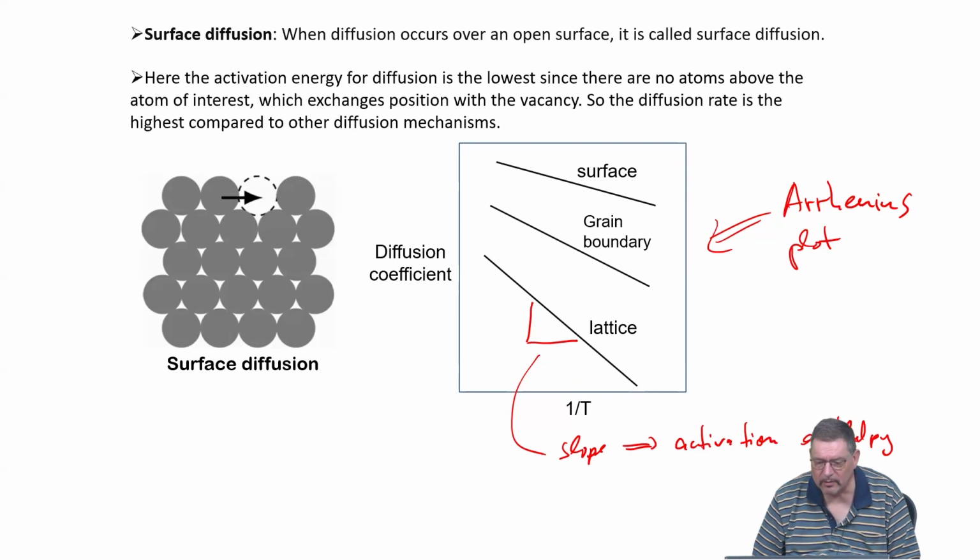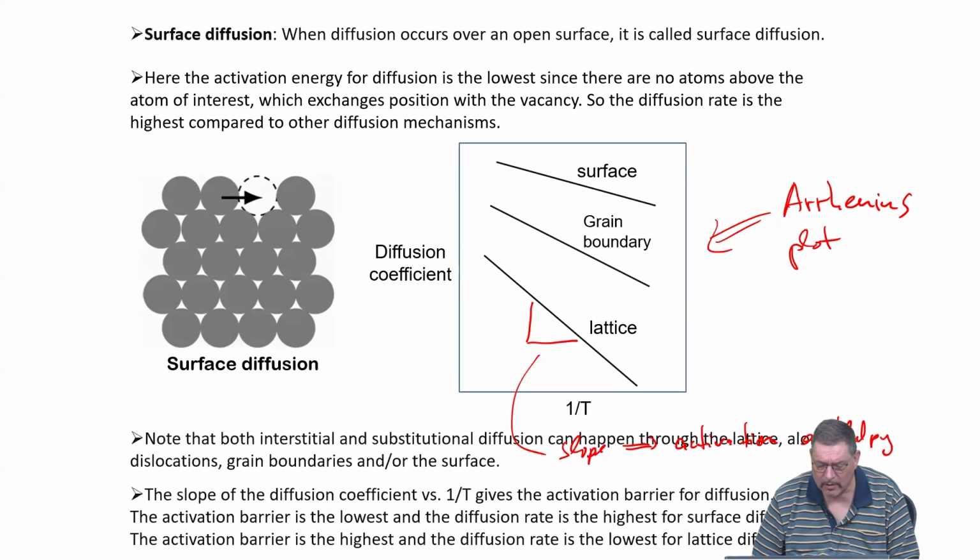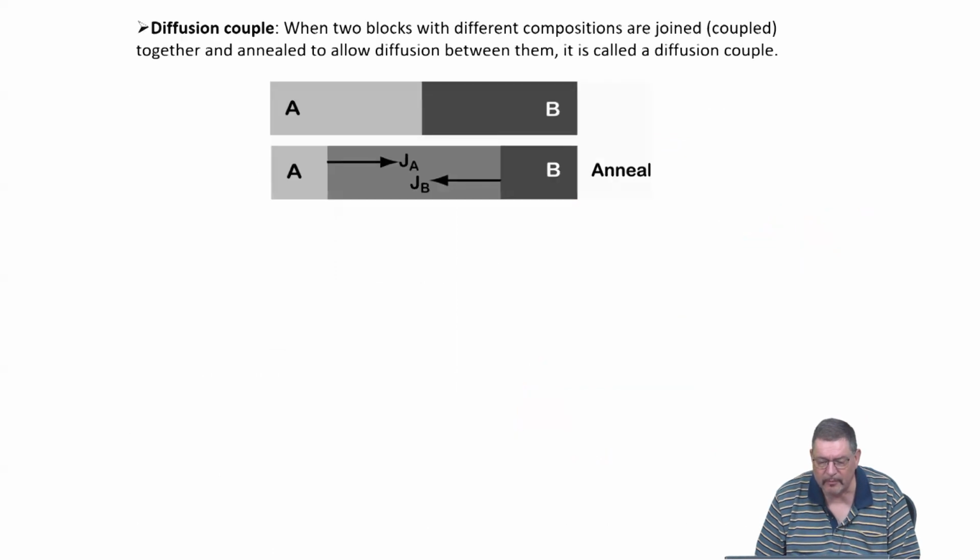Yeah, I think I told you already all this. And again, interstitial, substitutional, both are happening along every defect. And now we come to how to measure it.